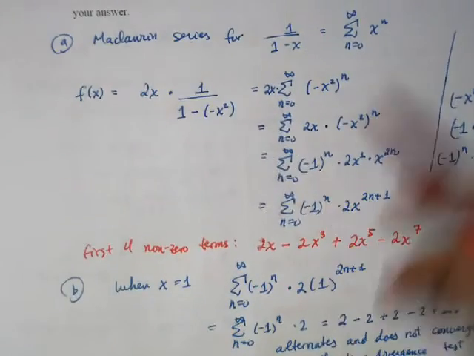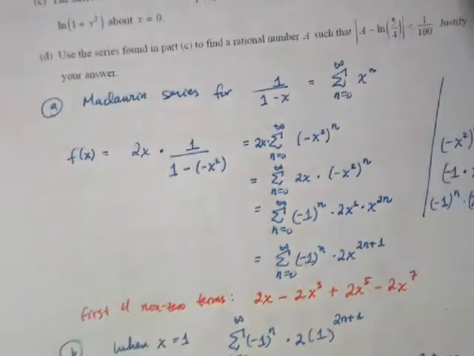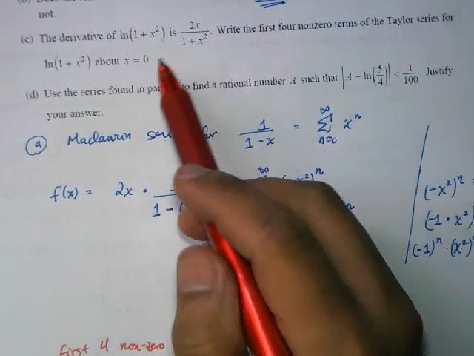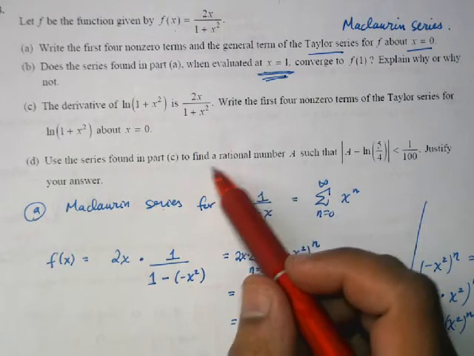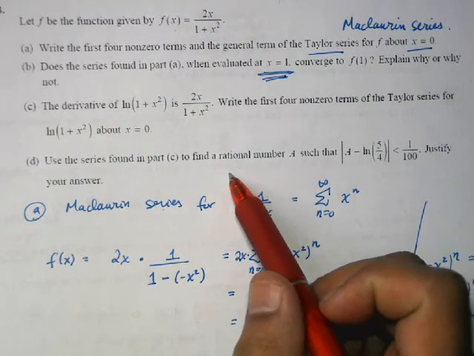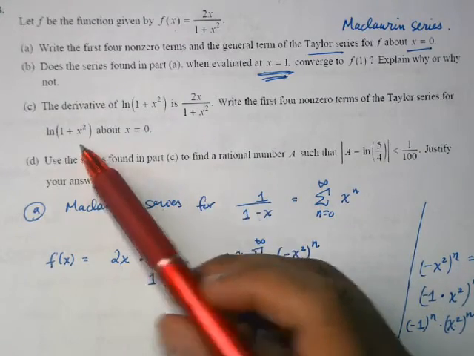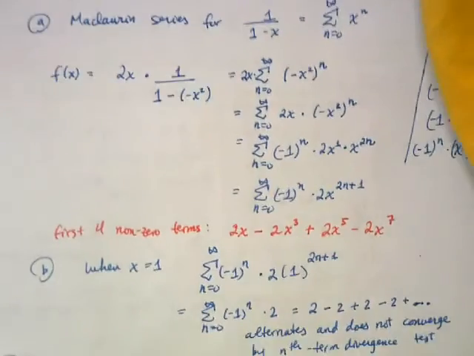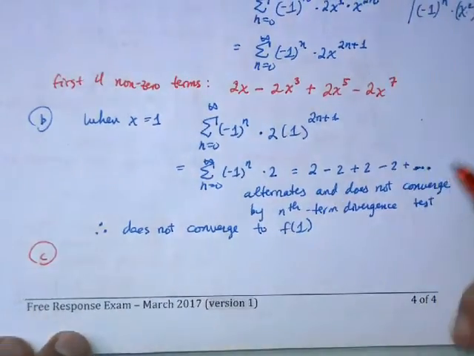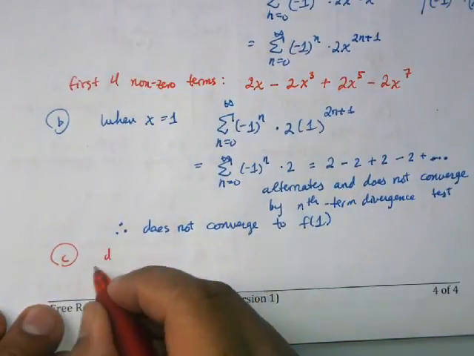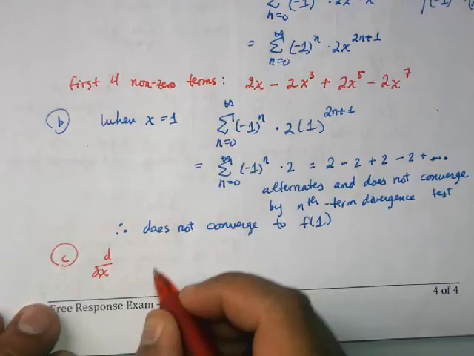So C, the derivative of the natural log function of 1 plus x squared is equal to this. Write the first 4 non-zero terms of the Taylor series for the natural log function. Well, we're not asked to find the general term, and that saves us a little bit of work.